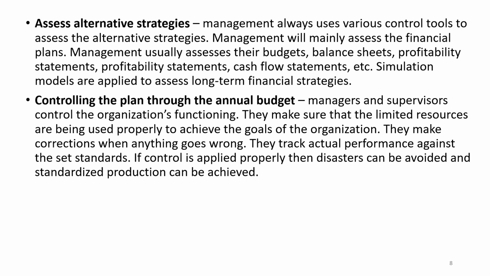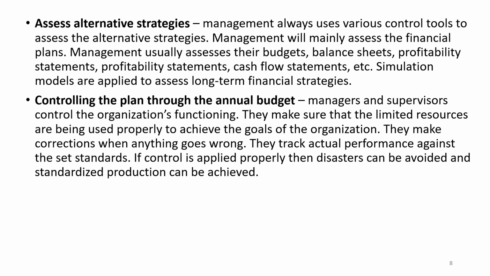They will see the budgets, the profitability, the cash flow, and whether the alternative plans are also good enough. They will use simulation models to find out whether these alternative strategies are also good for the company if they have to go for plan B or plan C. And the last step is controlling the entire business plan by having an annual budget.